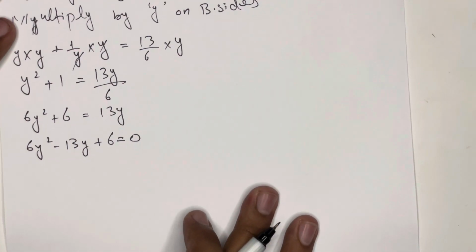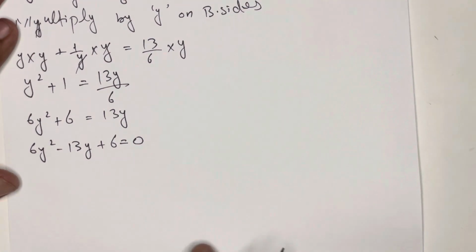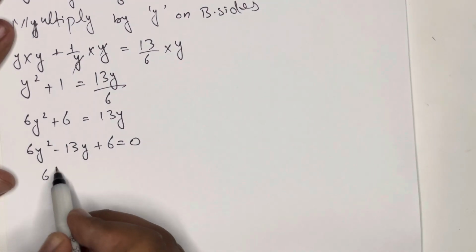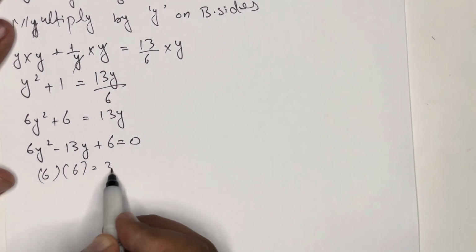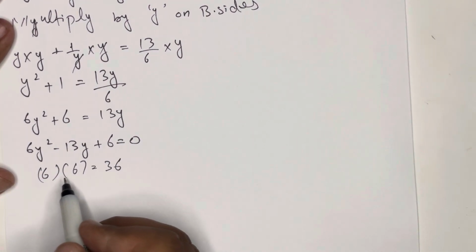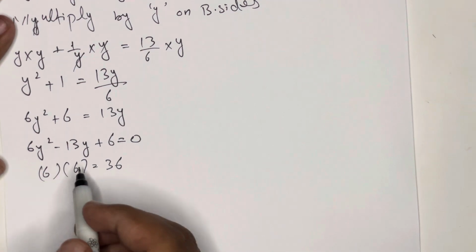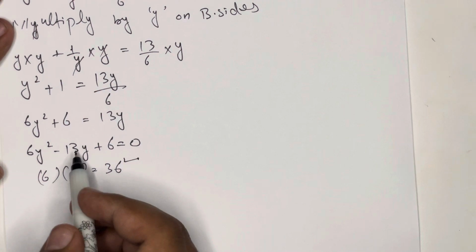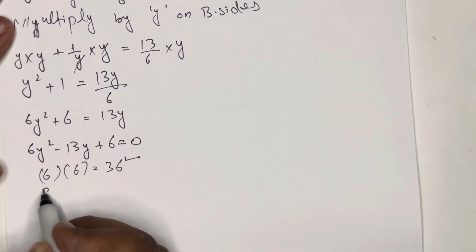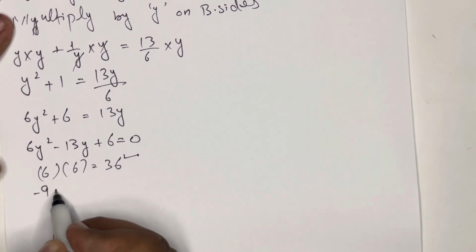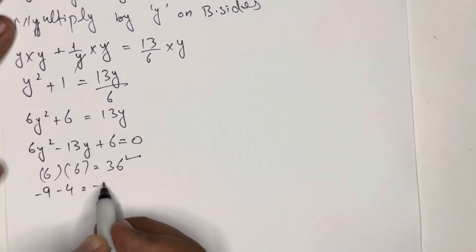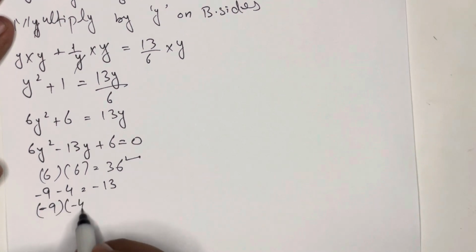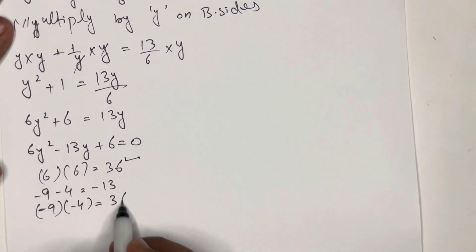Now I am taking the factors of this equation. For the factors, I multiply 6 by 6 and get 36. Now I need two numbers whose product is 36 and whose sum gives 13. The correct factors are minus 9 and minus 4, which add to minus 13, and when I multiply these two numbers I get plus 36.